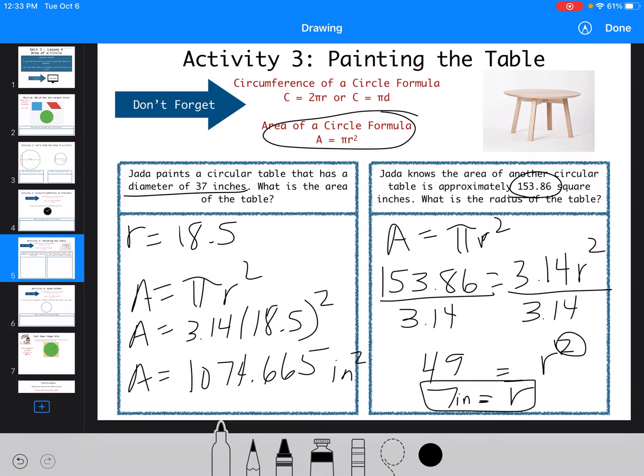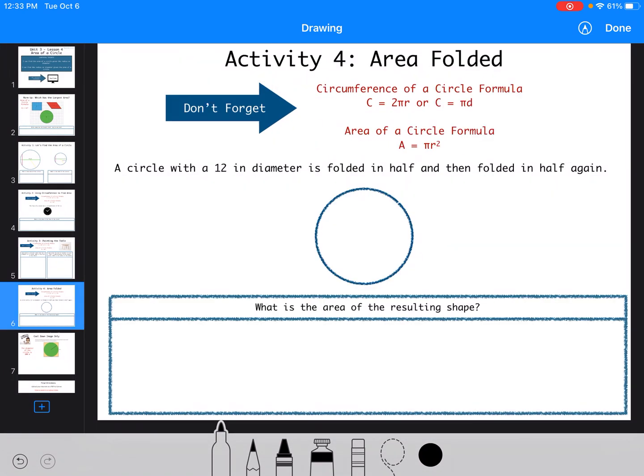All right, the last question today is talking about area being folded. So I have a circle and it has a diameter of 12. So the actual radius is only 6. Then it's folded in half and folded in half again. Well, let me start with my area formula first, and then we'll start folding things in half.